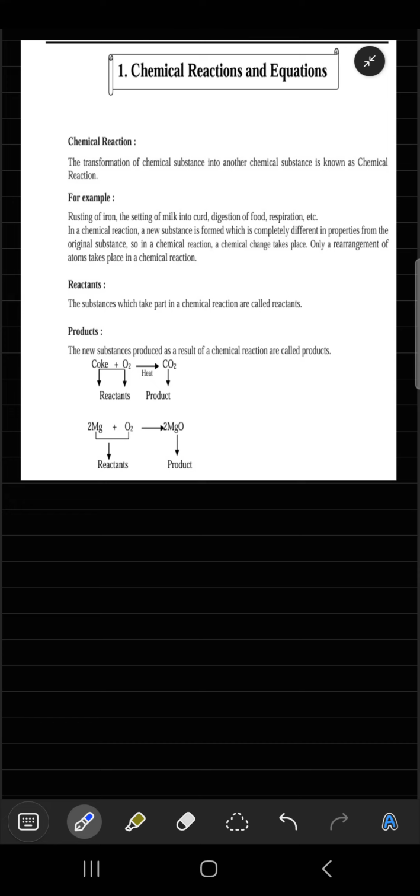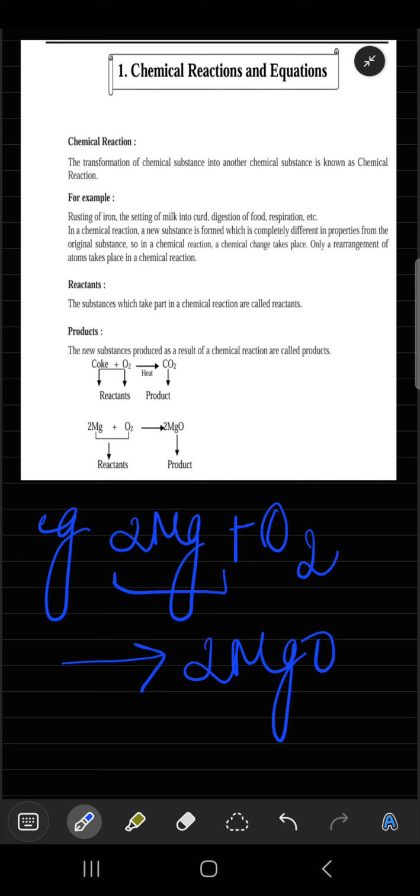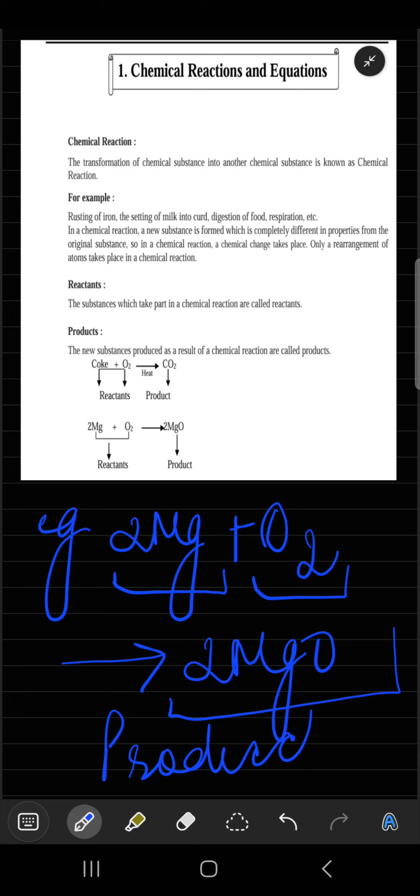For example, when magnesium reacts with oxygen, what we get is magnesium oxide. So here the magnesium and oxygen are the reactants and magnesium oxide is the product.